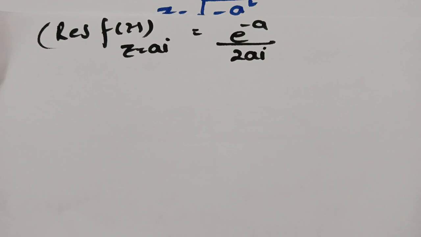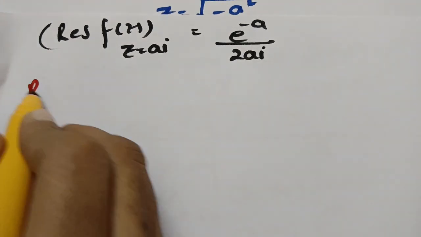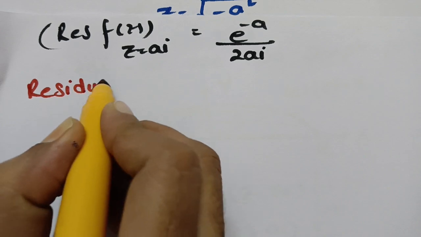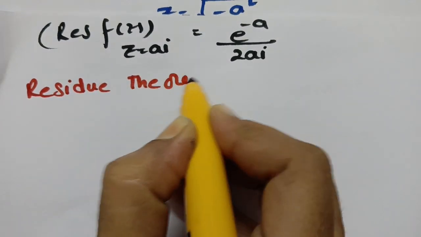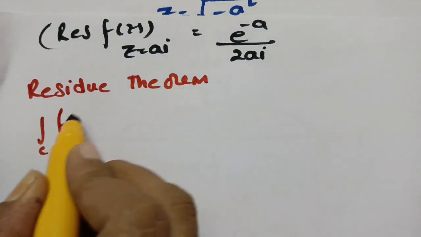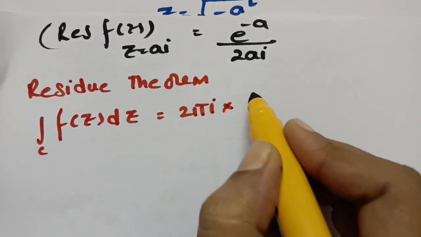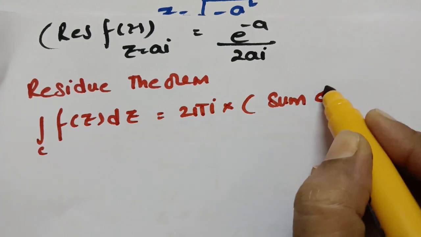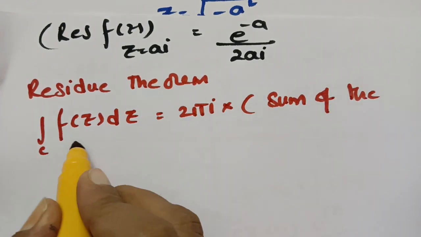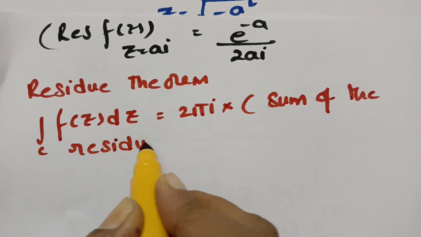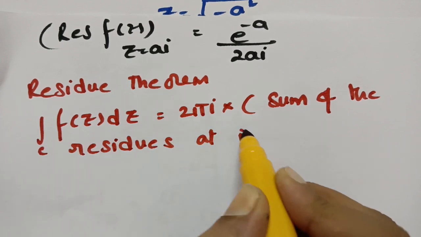The residue theorem states that integral c f of z dz is nothing but 2 pi i into the sum of the residues at interior poles.